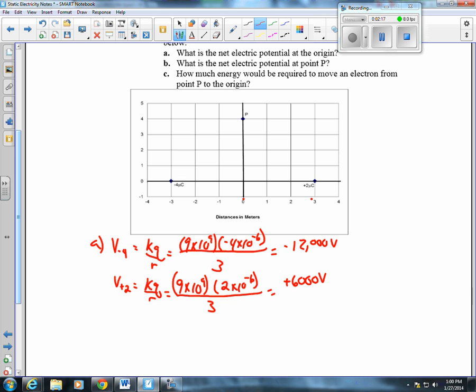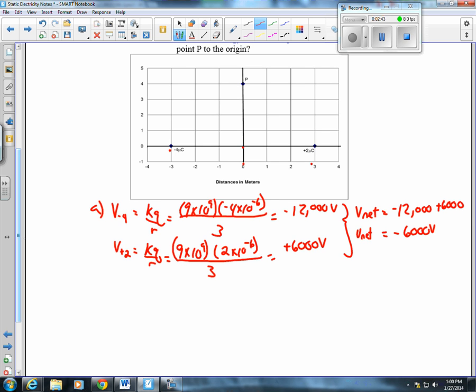Then I can combine those two, and my V net, I just have to add them up. It's going to be -12,000 plus 6,000, which is equal to -6,000 volts. So my net voltage is negative, meaning that this -4 is dominating at the origin, and that makes sense because it's a stronger charge.